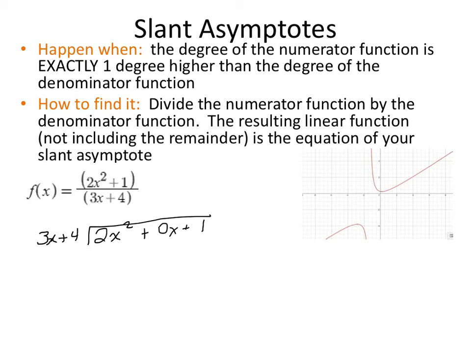So 3x times what is going to be 2x squared? Well, that is going to include an x, but it is also going to have to include a 2 up top and a 3 to cancel that with, right? So this is just going to be 2/3 x.